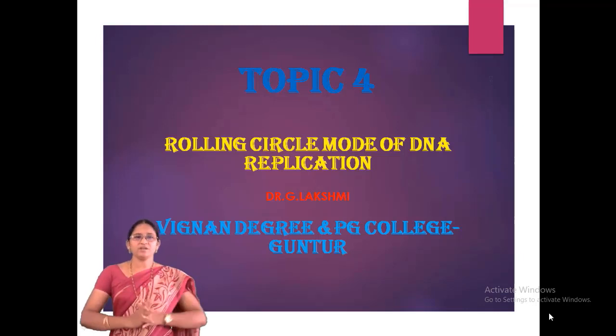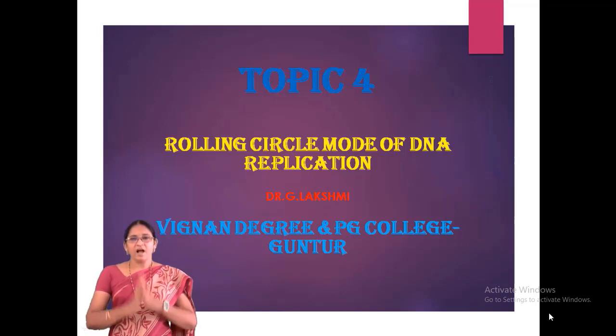The general machinery, we know, requires the same enzymes: DNA polymerases, helicases, single strand binding proteins and topoisomerases. So the synthesis mechanism is also the same. The direction of the synthesis is 5' to 3'.